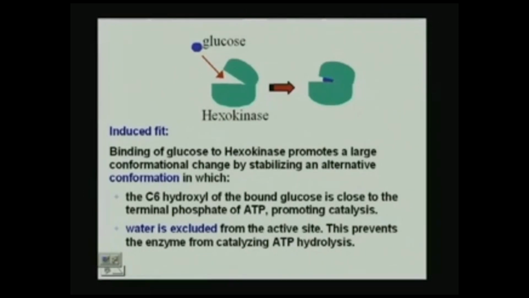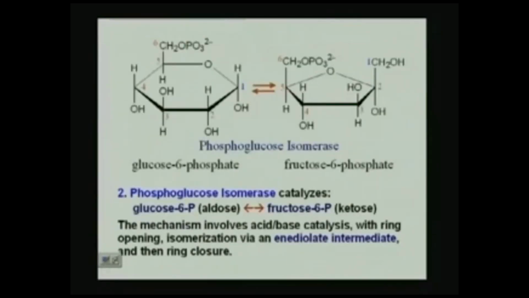Okay, so once the substrate comes to hexokinase, it changes its conformation so that it can accommodate glucose, at the same time positioning ATP in such a manner so that it is favorably interacting. And remember what happened, how did the reaction take place? It was the 6th OH, the OH attached to the 6th carbon atom that actually went and attacked the phosphate bond here.